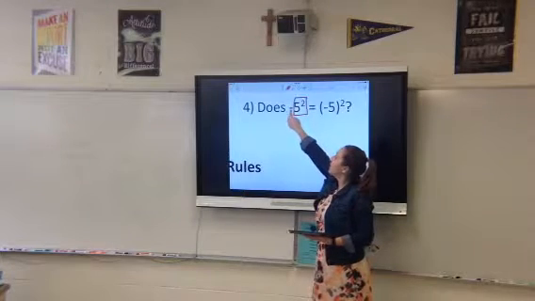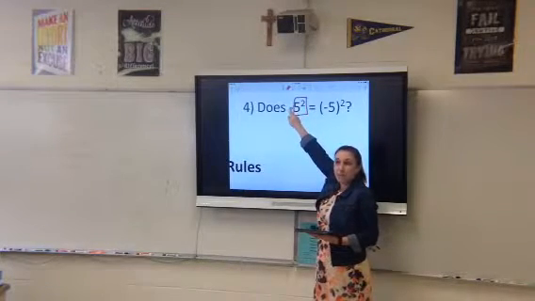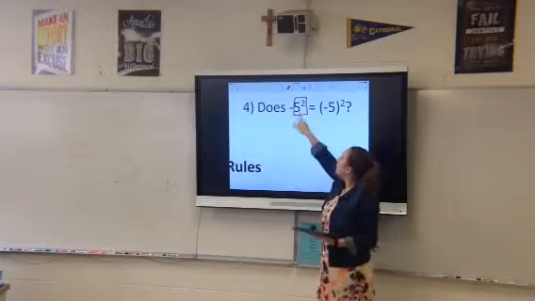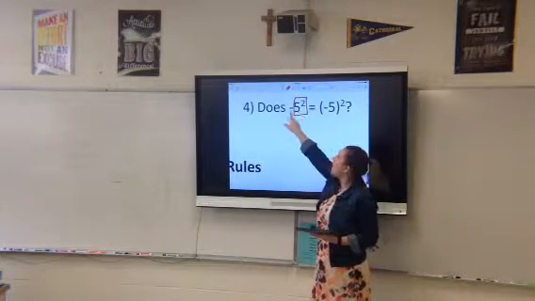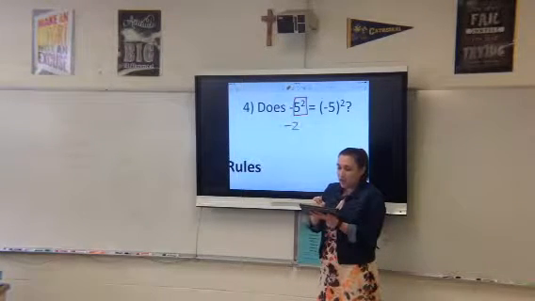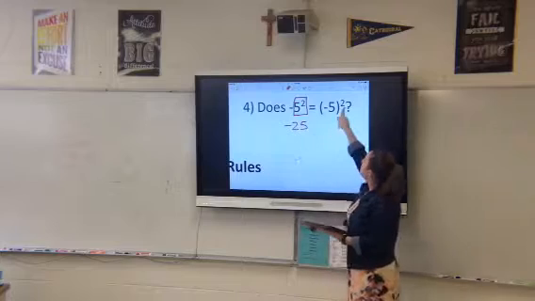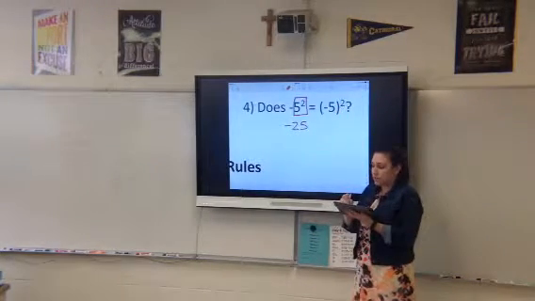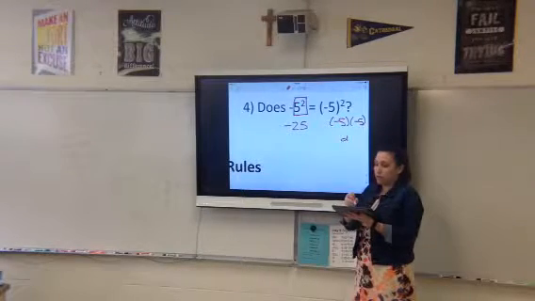This negative does not include it with the 5. He's by his lonesome. If you want to think of him like a negative 1, think of him like a negative 1 out front there. So when I do this guy, I get 25, and then I have that negative out front. So on this guy, you're going to get negative 25. Where this guy is saying, we've got 2 of these, and we're just writing it out twice. So he's saying negative 5 times negative 5, which is positive 25.